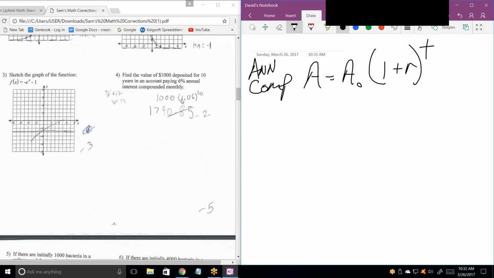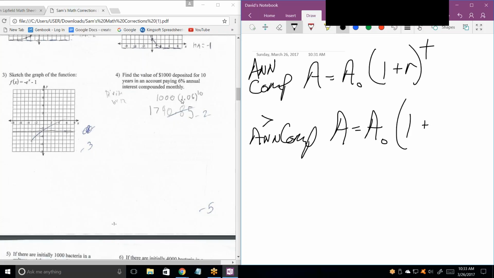If you have greater than annual compounding, then the general format is different. It's A equals your starting amount times (1 plus r over n) to the nt. So here's the equation that applies to this model.